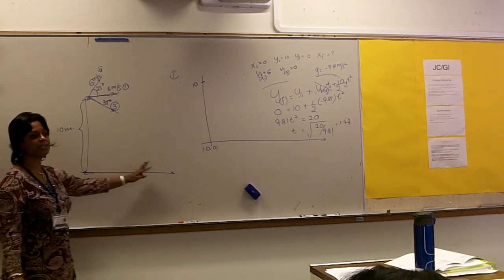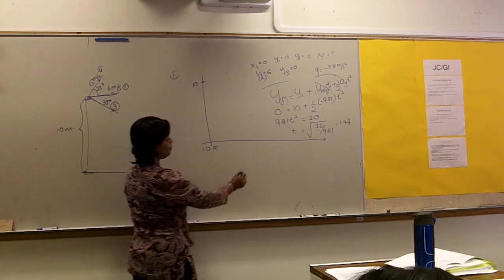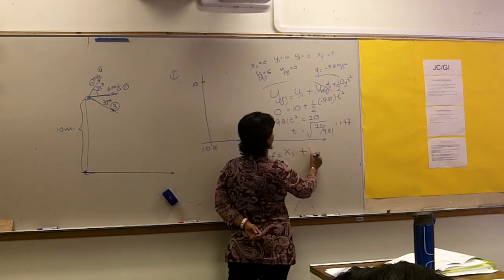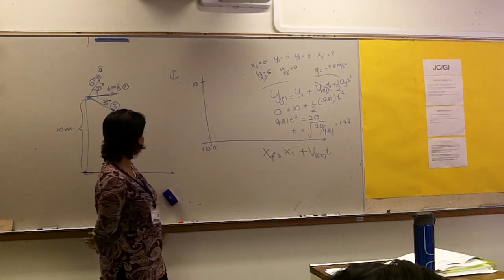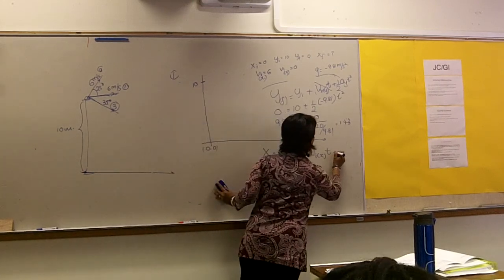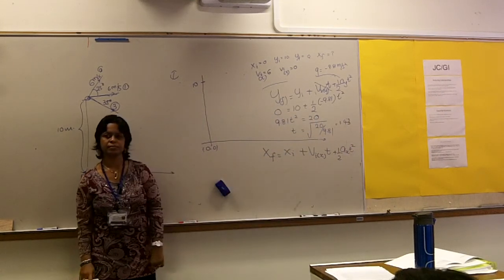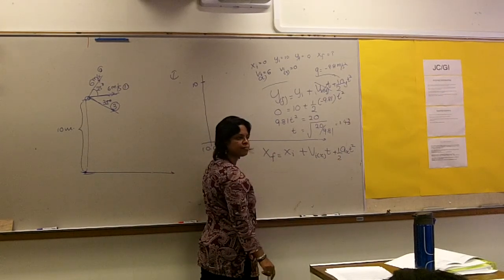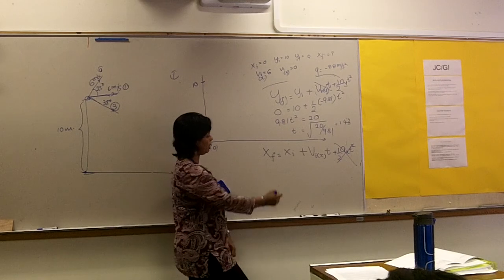Now let's see how far it hit from here. We will use x final equals x initial plus Vix t plus half ax t squared. Do we have acceleration in the x direction? No, there's no acceleration, only gravity.